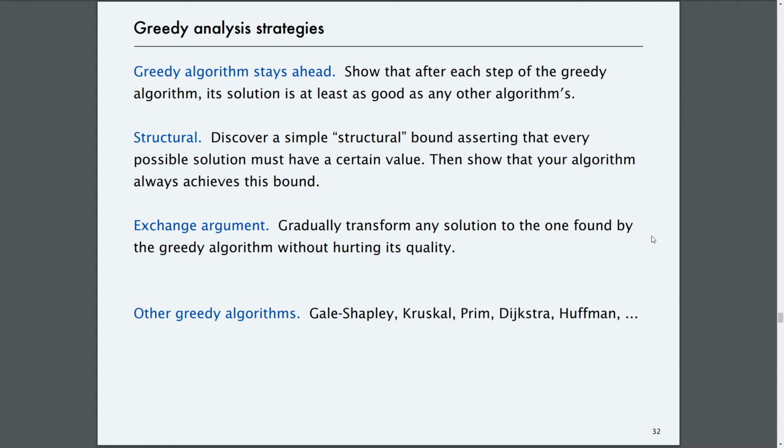Now, these are some greedy analysis strategies, so how you can try to prove that a greedy solution is optimal. The simplest one is greedy algorithm stays ahead. So just show that after each step of the greedy algorithm, its solution is at least as good as any others. So if you can prove that at each step when you make a decision, it must be optimal. Then there is the structural one.